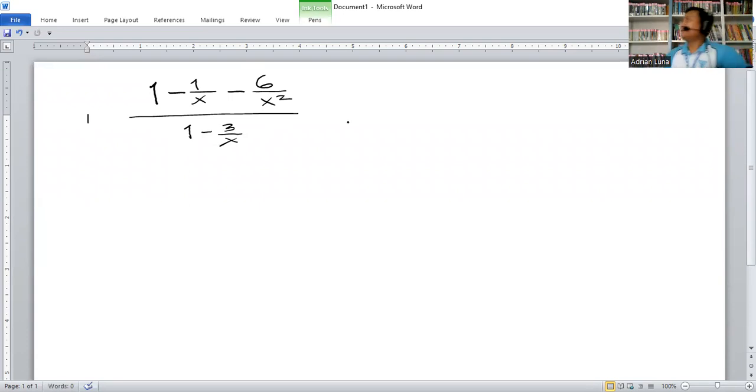All right, so at first look, this is a complex thing. And like I have said before, complex is just a word. We will solve this with the things that we already know.